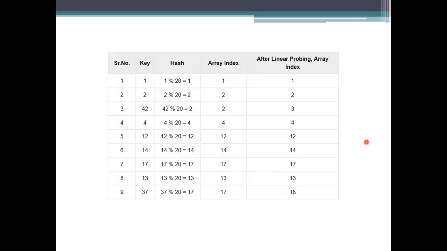The second key, with the key value 2, is using array index 2. And the third key, which has the value 42, is also using 2 without linear probing. And 17 and 37 are also using the same values.